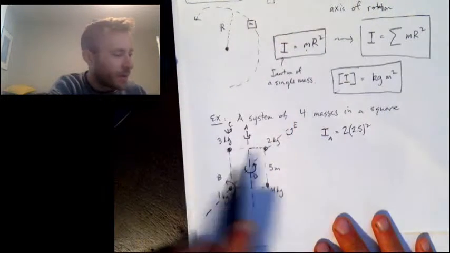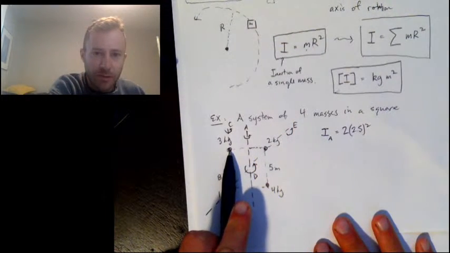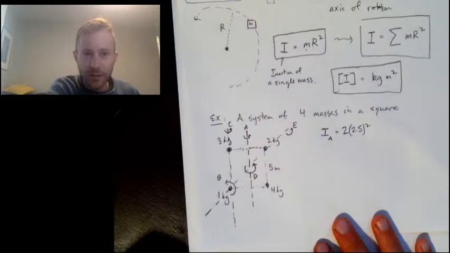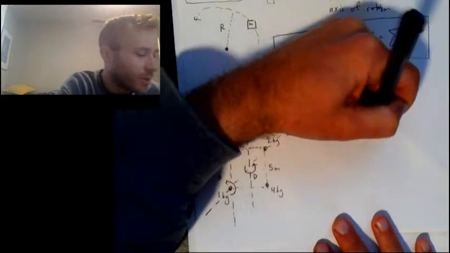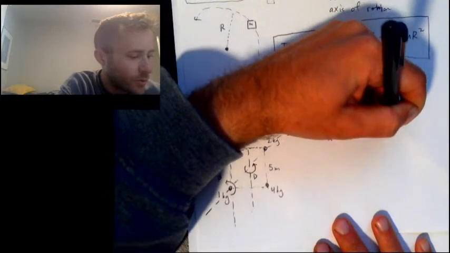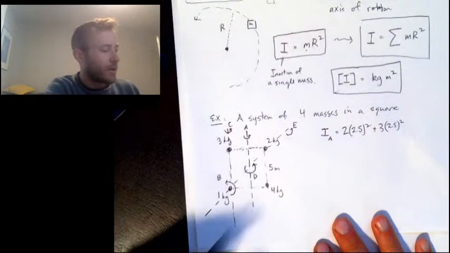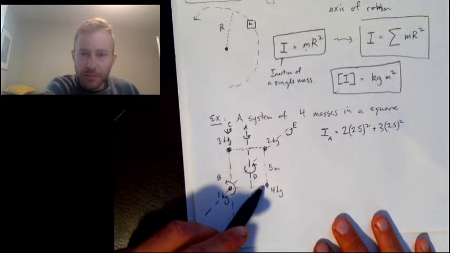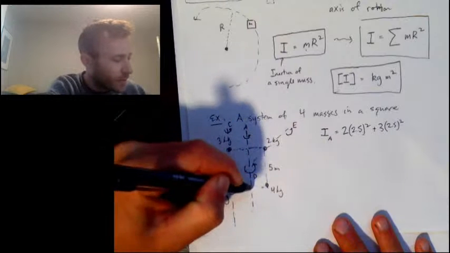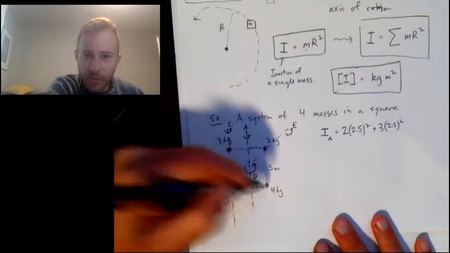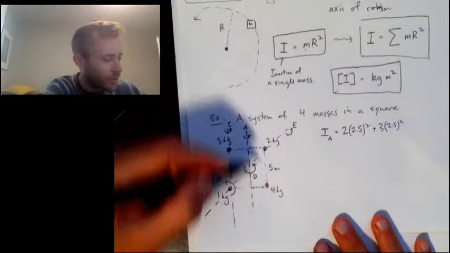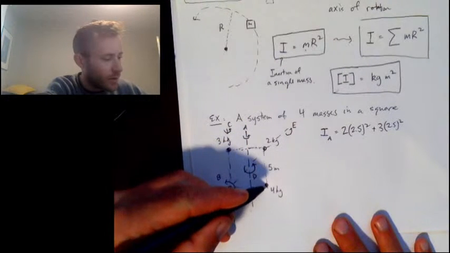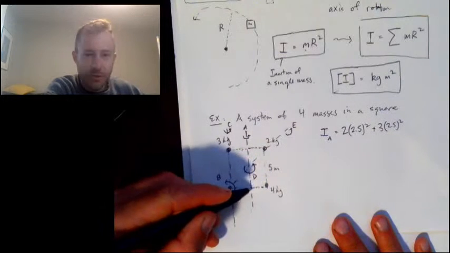mr squared. Now I have to do this 3 kilogram mass. It is also 2.5 meters from the axis of rotation. So I have plus 3 times 2.5 squared. Then I have this 4 kilogram mass. It is also 2.5 meters from the axis of rotation. See, here's the axis of rotation, okay? And this point is 2.5 meters from it.